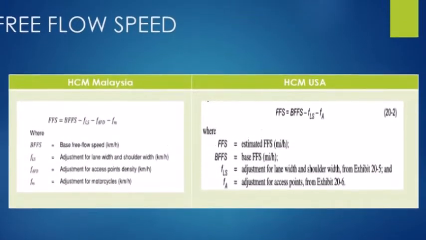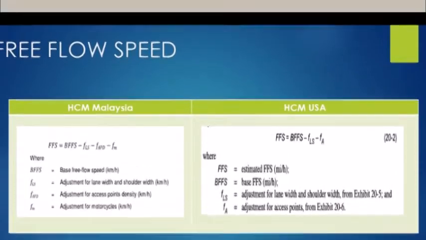Next is free flow speed. Okay, the difference between HCM Malaysia and HCM USA is the equation. For Malaysia, FFS equals BFFS minus FLS minus FAPD minus FM, while USA is FFS equals BFFS minus FLS minus FA.